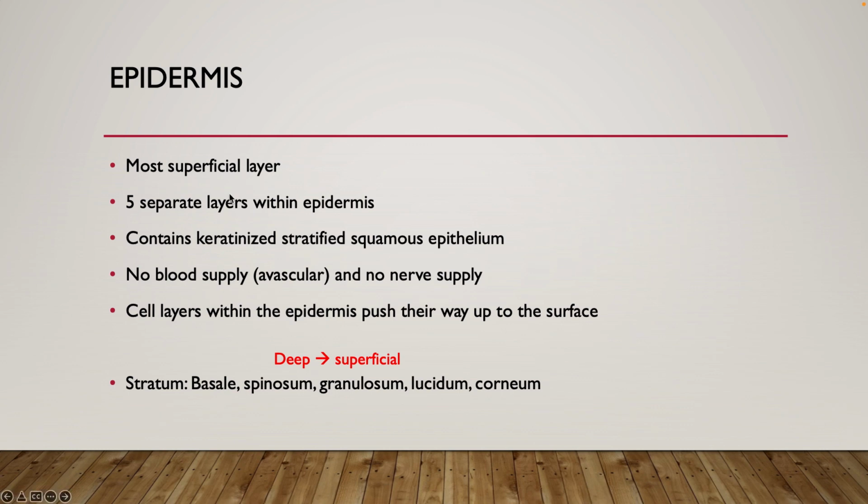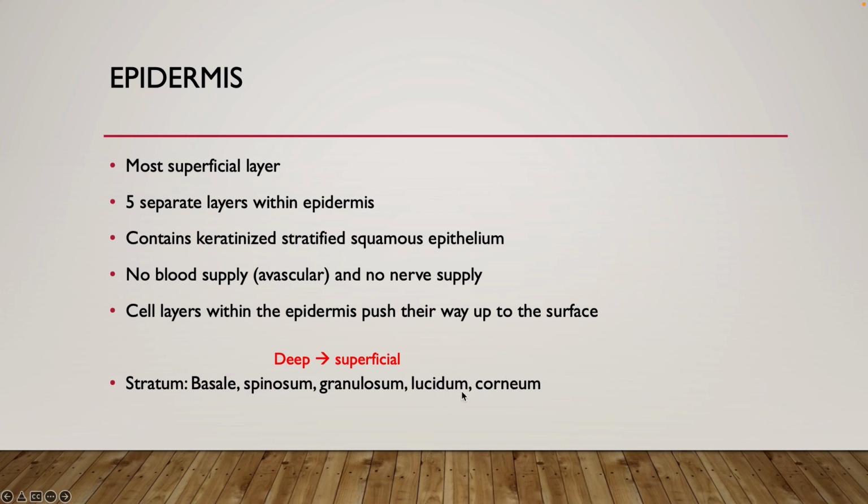And then as we begin to create more cells that are contributing to our epidermis, they're pushing their way up through this sequence of cells that we'll see right here. And so from deep to superficial, so if you remember your directional planes, deep meaning further away from the surface and superficial meaning closer to the surface, we go stratum basale, stratum spinosum, stratum granulosum, stratum lucidum, and stratum corneum.